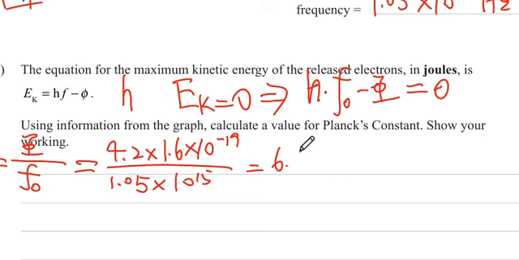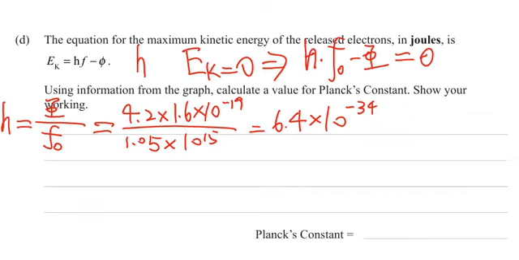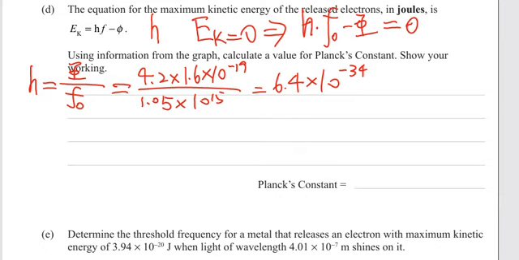So it is 6.4 times 10 to the power of negative 34. It is a constant, so we don't have to write the show-your-working value for it. Actually, we can give it a unit, right? Because we know phi is energy, so it has a unit of joule, and f is frequency, and it has the unit of hertz. So for Planck's constant, we can derive its unit too.